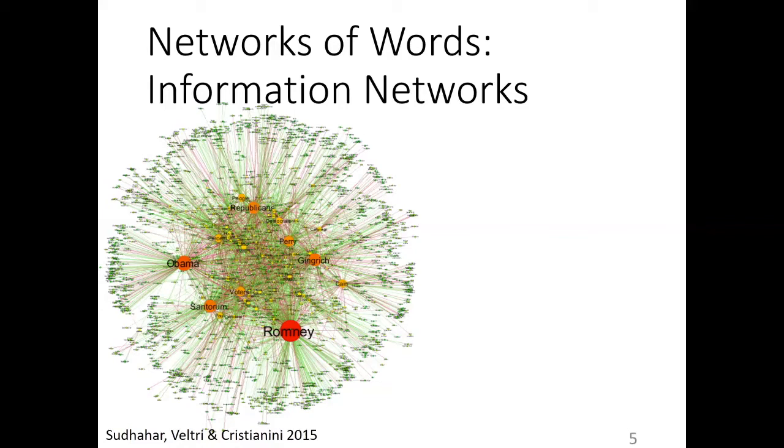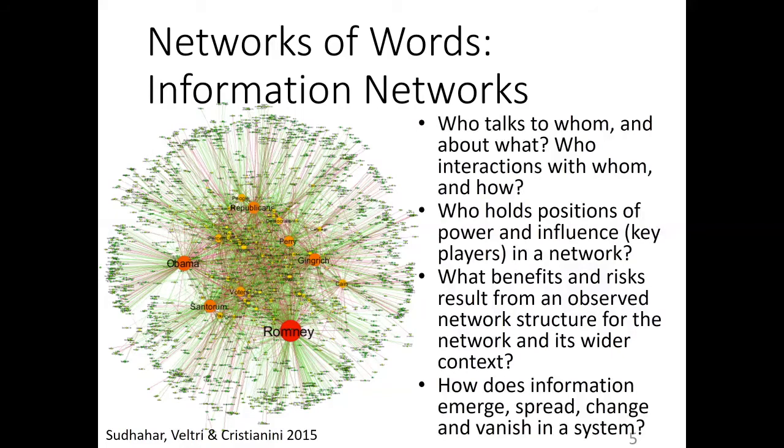What can such graphs be useful for? They allow us to ask and study a couple of questions. For example, who talks to whom and about what? Or who interacts with whom and in which way? It also allows us to study who holds positions of power and influence in a network. There are different types of power and influence in a network, and different key players might have different types of influence in the graph.